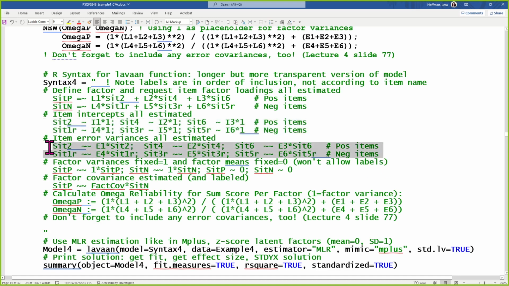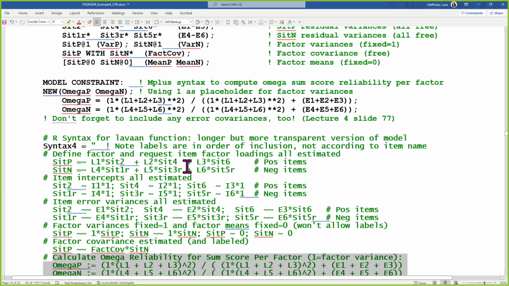Here are my error variances, squiggle, squiggle, with the labels in front. Here are the factor variances, also squiggle, squiggle. Here are the factor means, single squiggle. And that's my squiggle squiggle with one thing on the end and the other thing on the other end. That's a covariance. And the rest of this is linear combinations, or nonlinear combinations in this case, that are going to form a reliability coefficient that we haven't talked about yet.